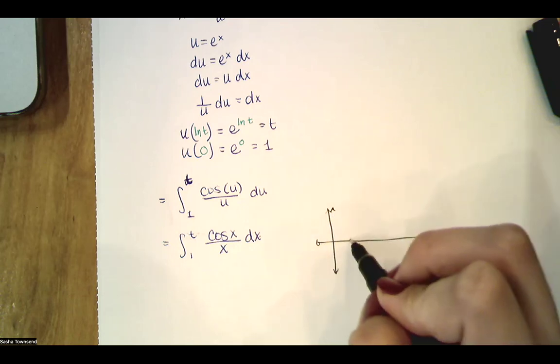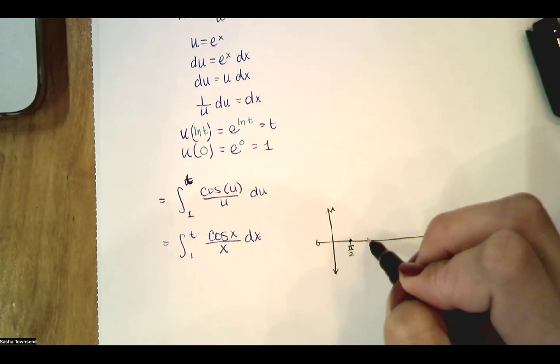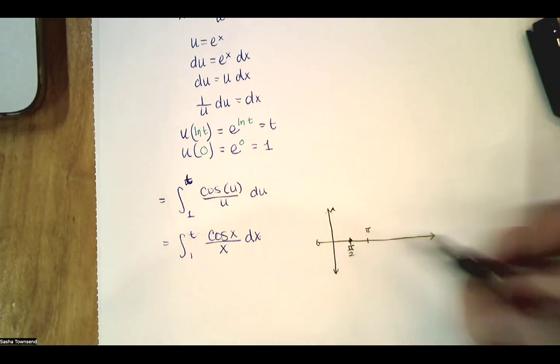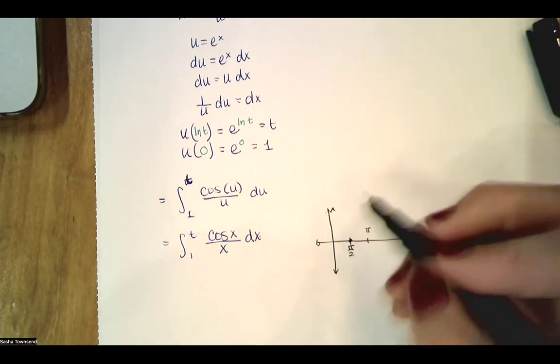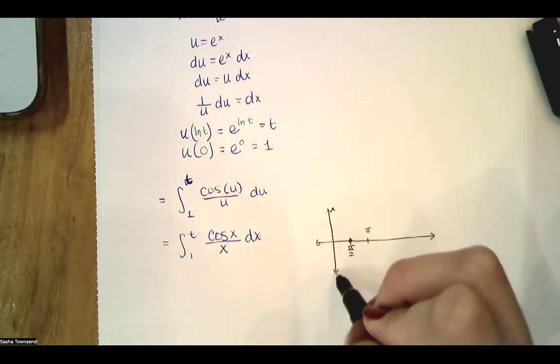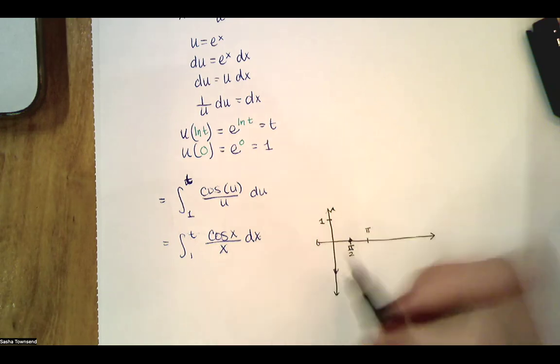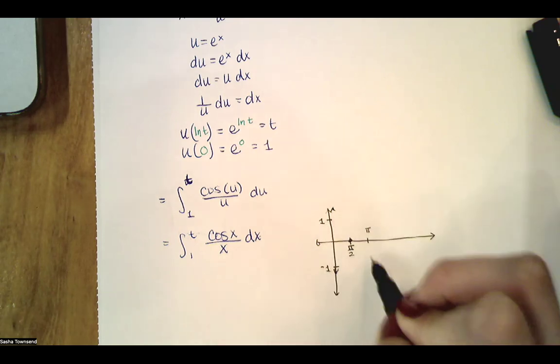And then at pi over 2, cosine is 0. And then at pi, we'll have -1 divided by pi. So -1 over pi is about -1/3. So let's say that this is +1 and this is -1.